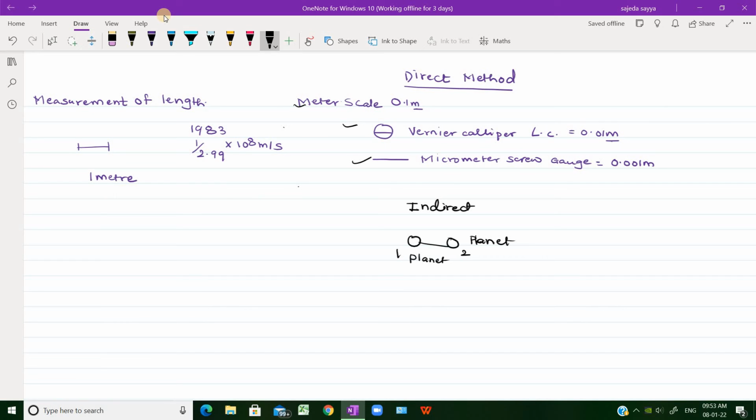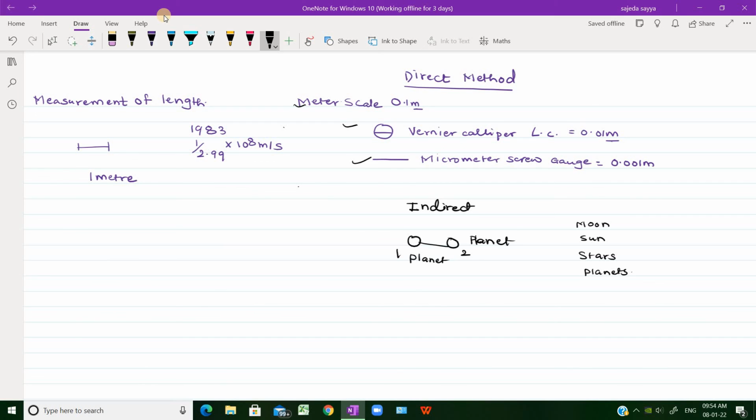So to measure these distances, we take the help of either geometry or trigonometry, and we measure these distances indirectly, as well as distances of far heavenly objects like the moon, the sun, or any stars and planets, from the earth or from any other star. There are distances that cannot be measured with the help of the systems stated just now, which we call direct measurement.